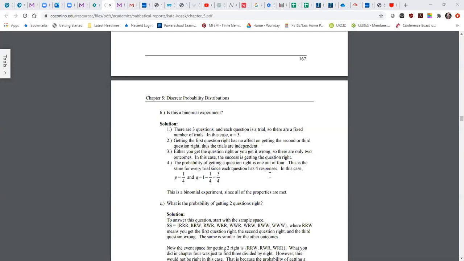So the probability of getting the correct answer is 1/4, and the probability of getting the wrong answer is 1 minus 1/4, which is 3/4.